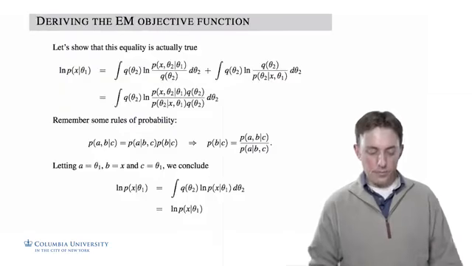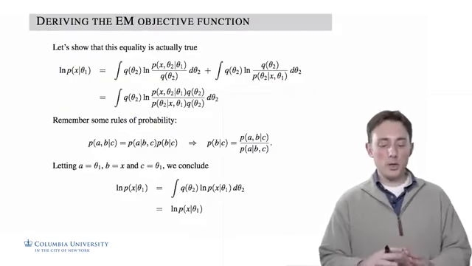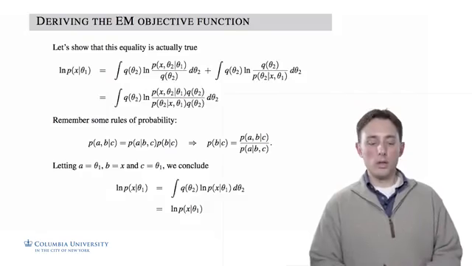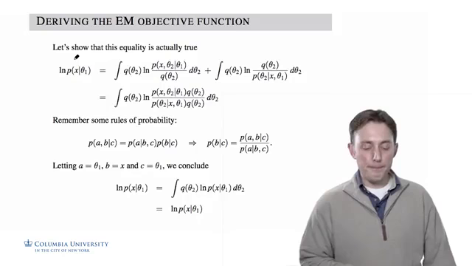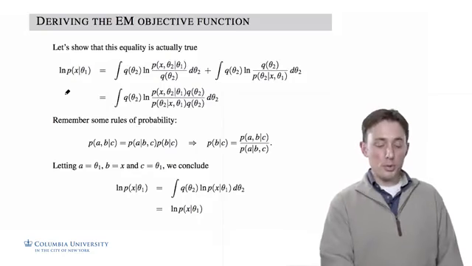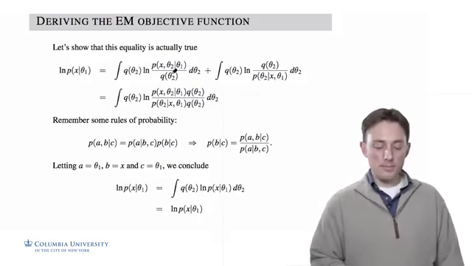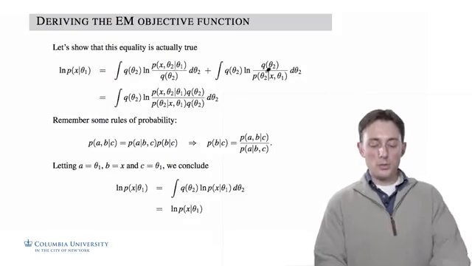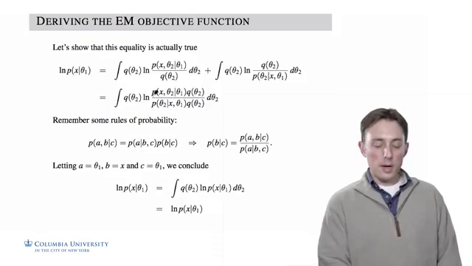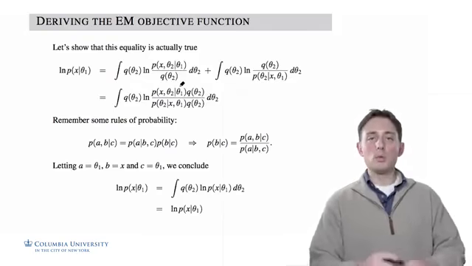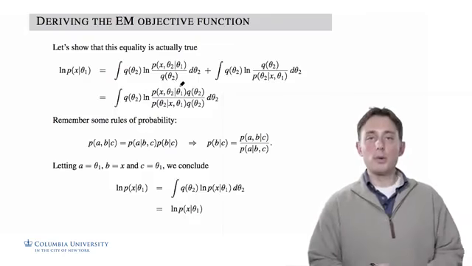Okay, so first let's show that the equality is actually true. This is just a copy of what was on the previous slide. We want to basically prove that this side is equal to that side. So first, what we're going to do is combine these two things. Recall that the log of a product of two terms is equal to the sum of the log of each term separately.